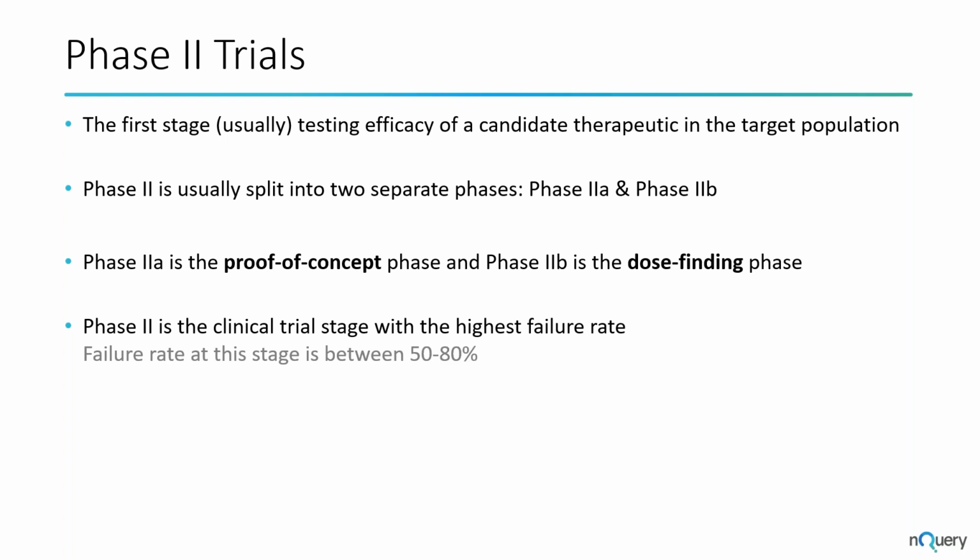So phase 2 is the step of the clinical trial process with the highest failure rate, with only roughly 30% of trials advancing to phase 3 between 2006 and 2015. And this is the number for all therapeutic areas.